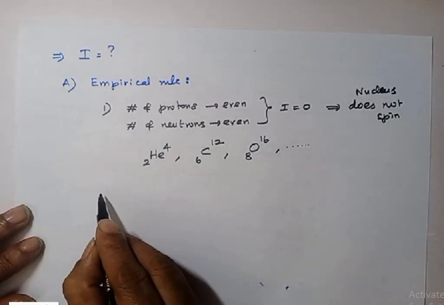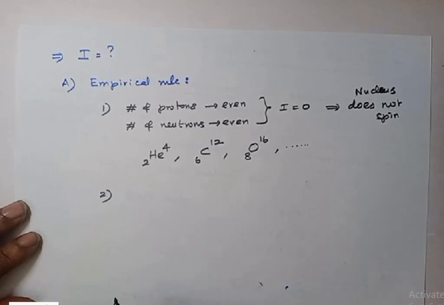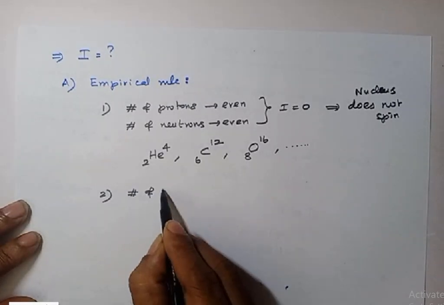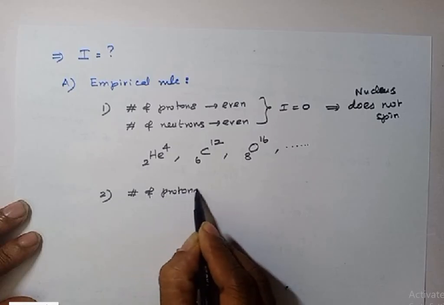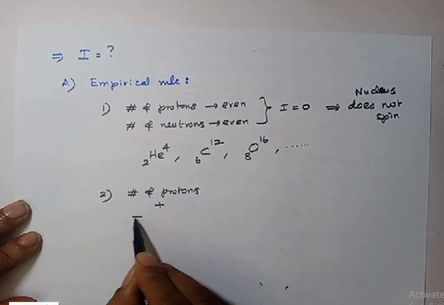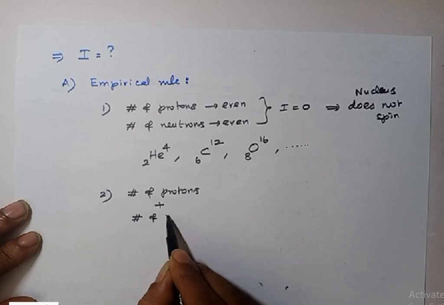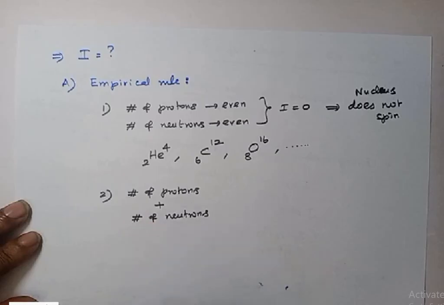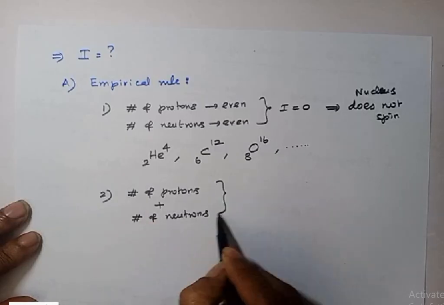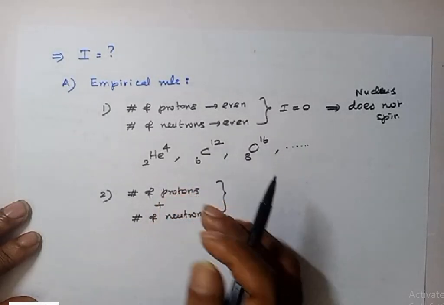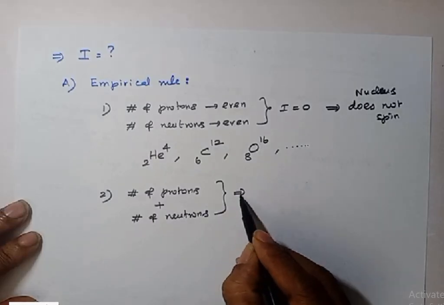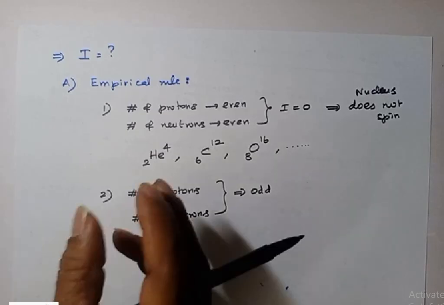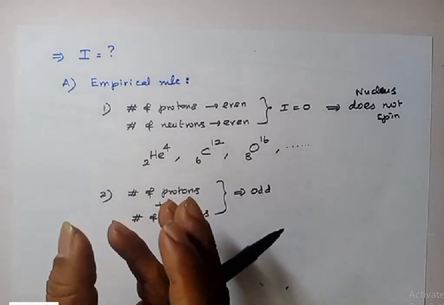Point number 2. This is rule number 2. If the number of protons plus the number of neutrons, if this sum is an odd number, observe carefully, I am adding the number of protons and the number of neutrons in a nucleus.